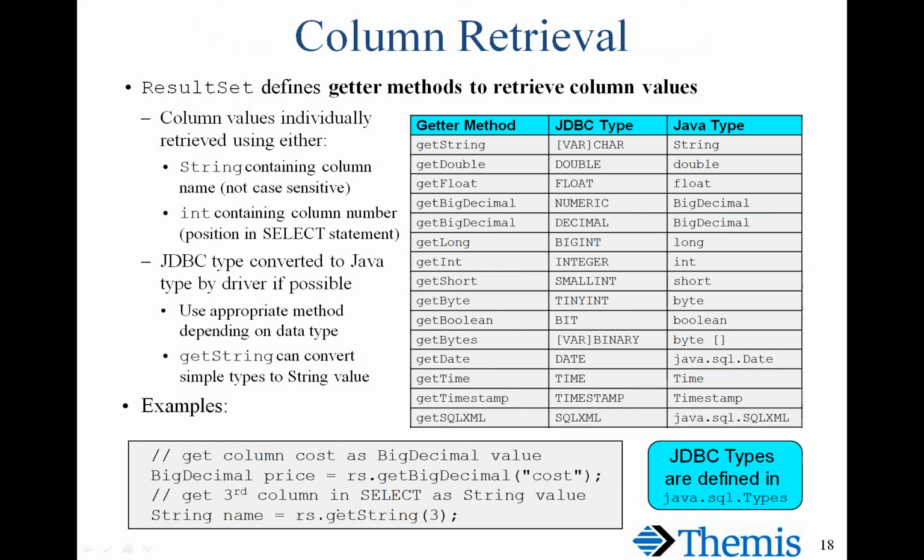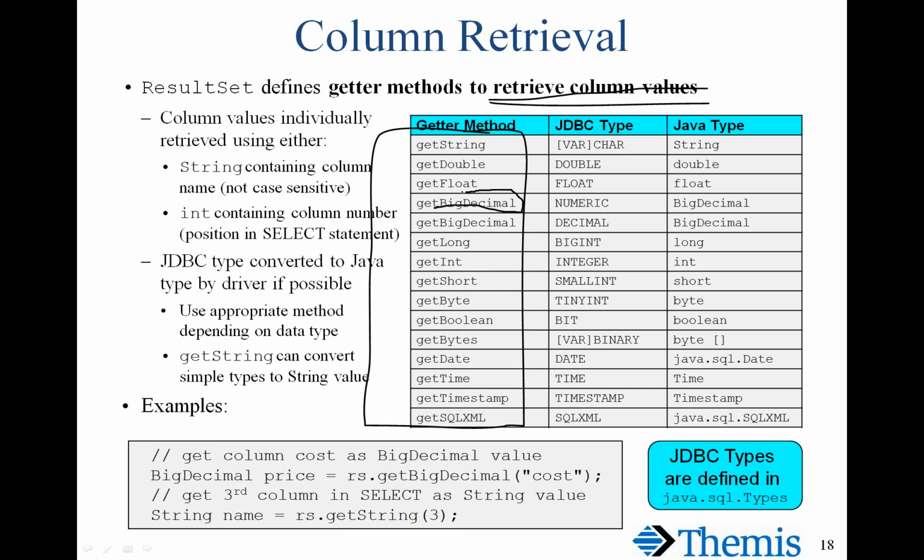A big chunk of the work that needs to be done once you've positioned yourself onto a row in the result set is retrieving the column values. Again, unlike the mainframe world where you simply fetch into on your cursor, with Java, after you've positioned on the row, you have a set of getter methods that you use to get the value of each column on that row. So it's often important to know what type of data is in there.